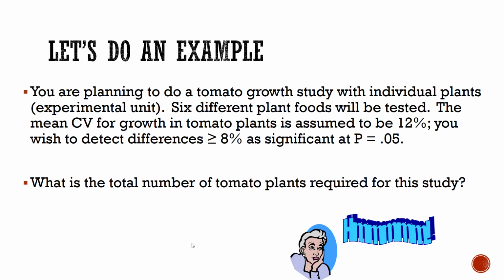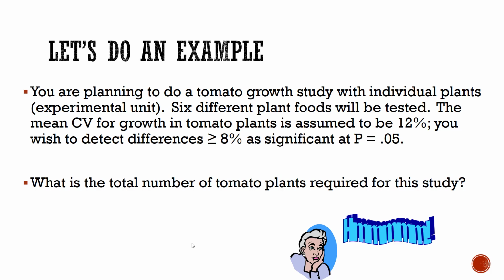So let's quickly run through an example and how to solve it so everybody is on the same page. Let's assume that you are planning to do a tomato growth study using individual plants. So here, the individual tomato plant would be the experimental unit. There are 6 different plant foods that are going to be tested. So 6 different treatments. The mean CV, or coefficient of variation, for growth in tomato plants is assumed to be 12%.